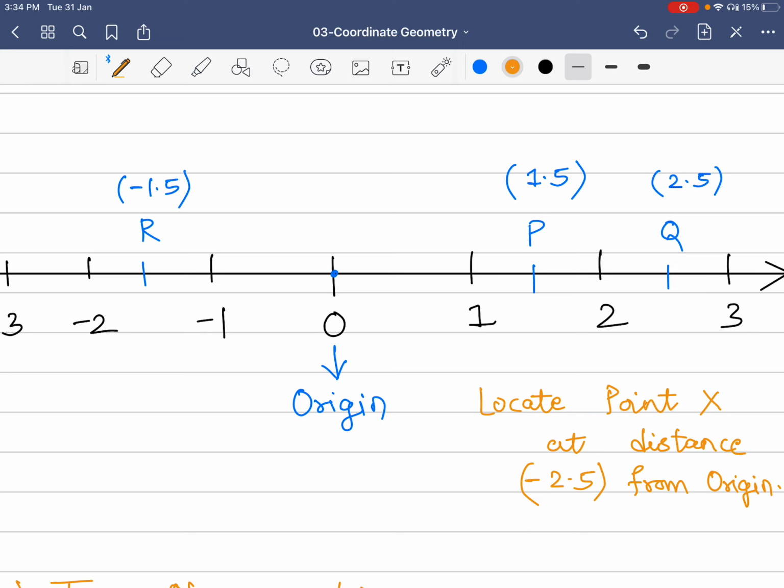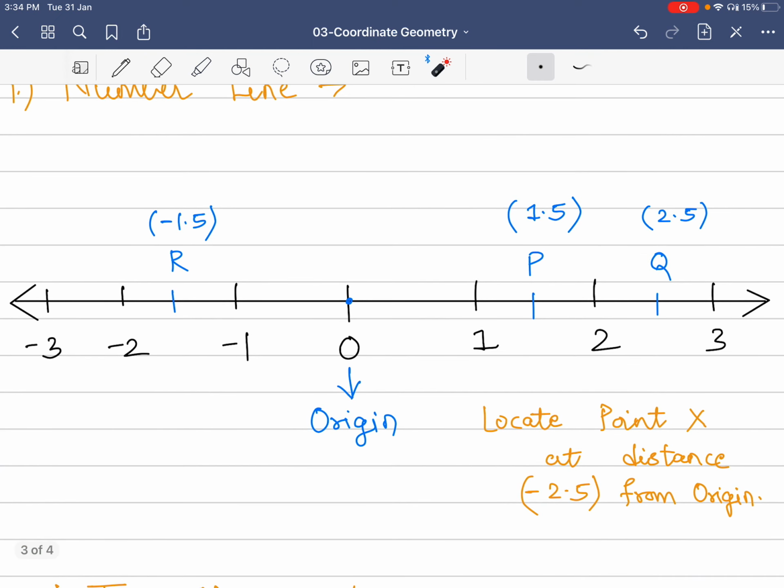We saw that if a point is given to us, we can figure out the distance. Now we are doing the converse operation. Someone has given us the distance of a point and we have to locate it on the number line. Since it is a distance of -2.5, minus means it's on the left hand side, and -2.5 will roughly come here, in the middle of 2 and 3. So this is our point X.